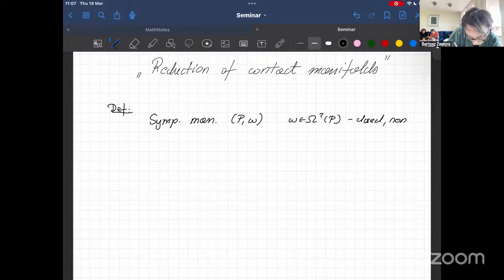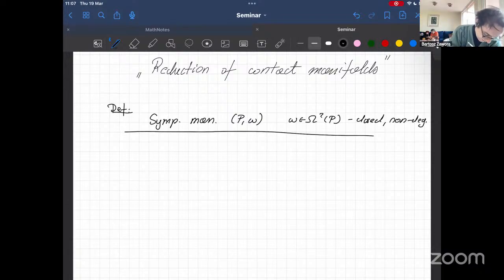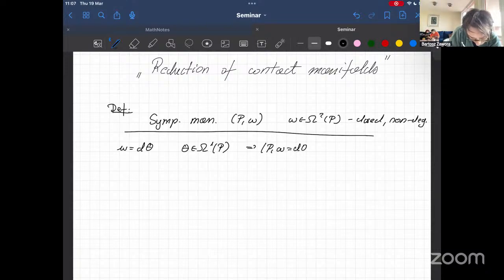And if ω is exact, which means that it is the derivative of some one-form θ on P, we say that the pair (P, ω = dθ) is an exact symplectic manifold, and we simply write (P, θ).